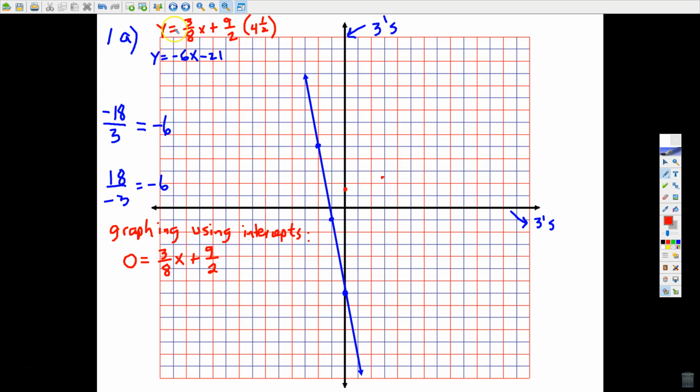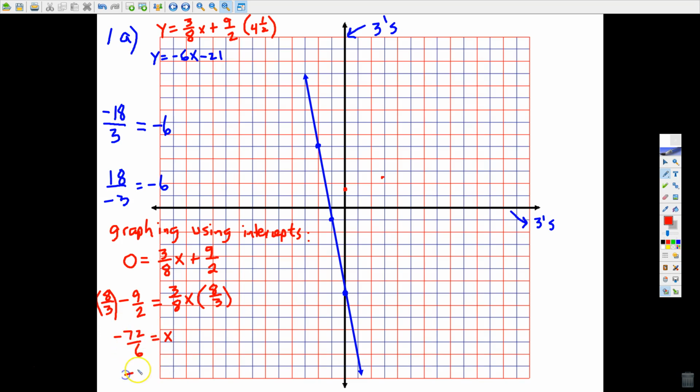Now just follow the same line of thinking. Finding the x-intercept, just let 0 go in for y. Solving for x, we get -9/2 is equal to 3/8x. Solving for x means we're going to multiply by 8/3, and I get -72 over 6 is equal to x.